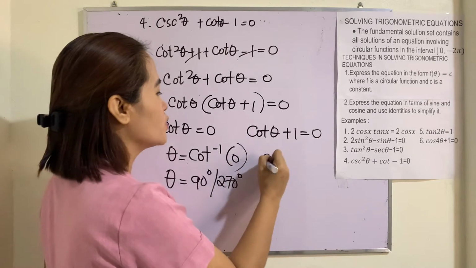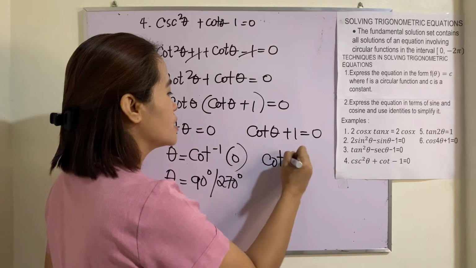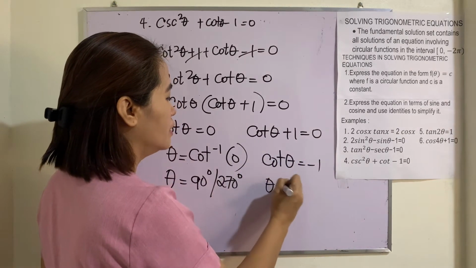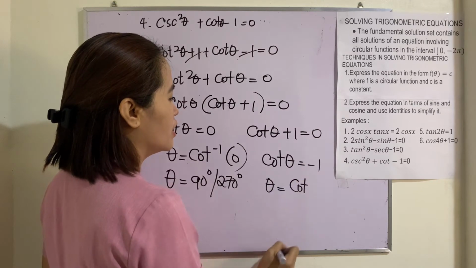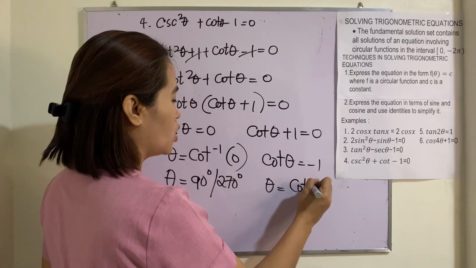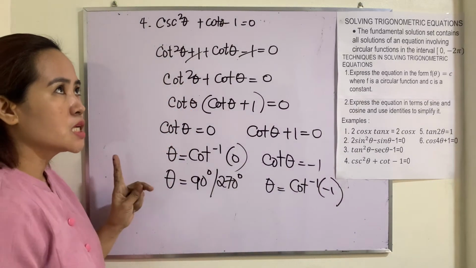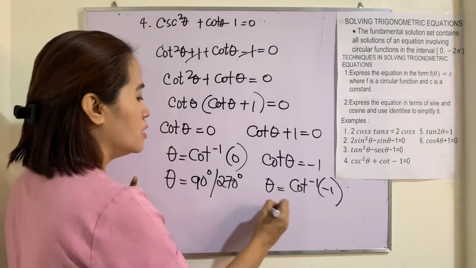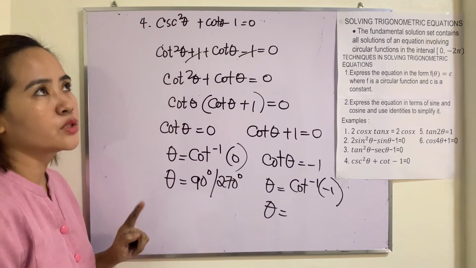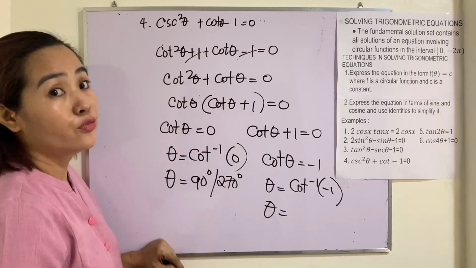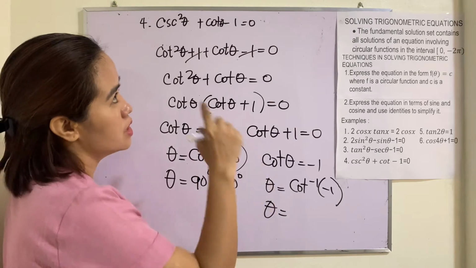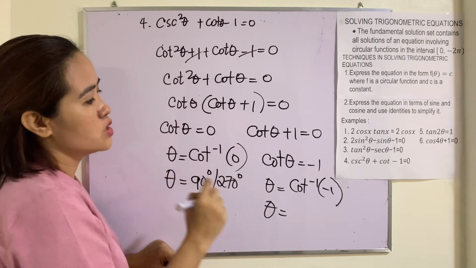And then for this one, we have cotangent theta equals negative 1. Theta is equivalent to arc cotangent negative 1. This is found in quadrant 2 and quadrant 4, multiples of 45 degrees.